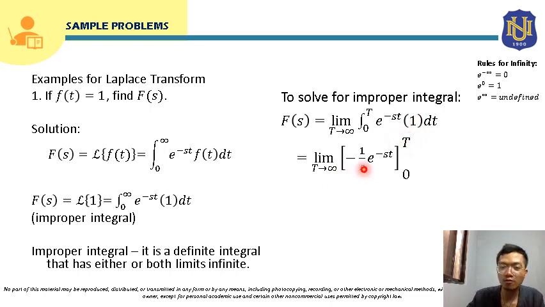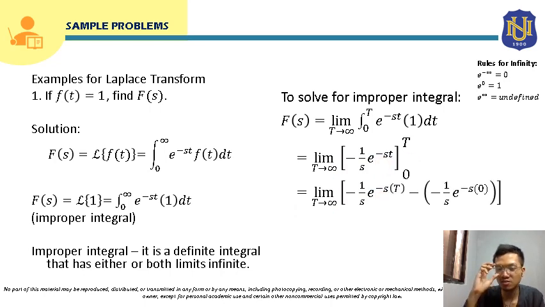So substituting the upper limit first, this becomes negative 1 over s, e raised to negative s times T, minus, now substituting the lower limit, negative 1 over s, e raised to negative s times 0.